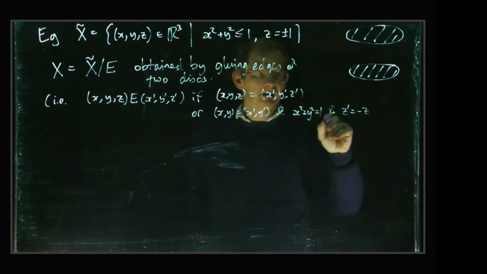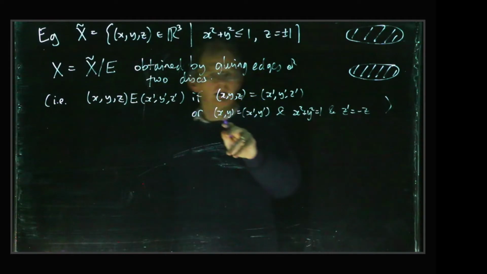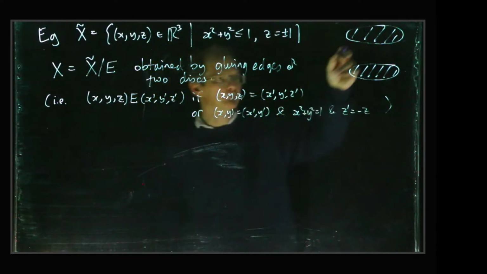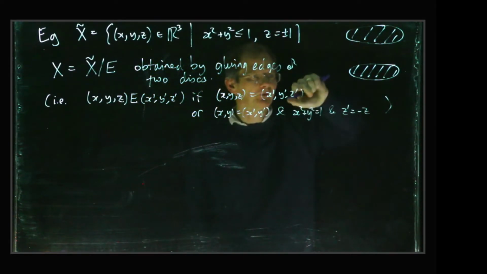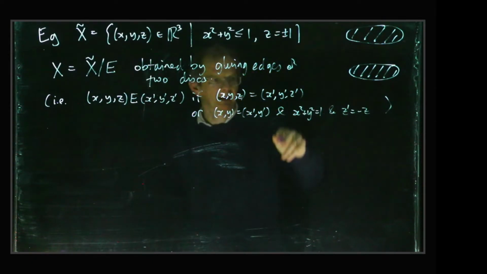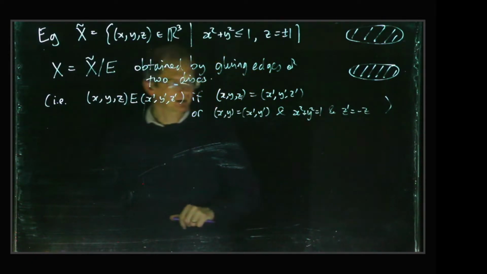And then the interesting bit is that if you've got the same point on the boundary, except one's in the top and the other's in the bottom, then they get identified together. Okay, so that's our thing.